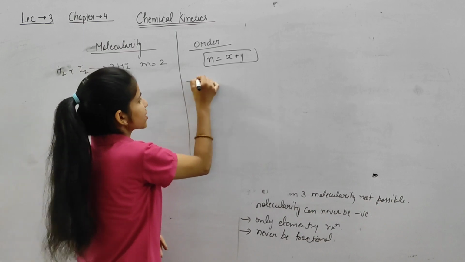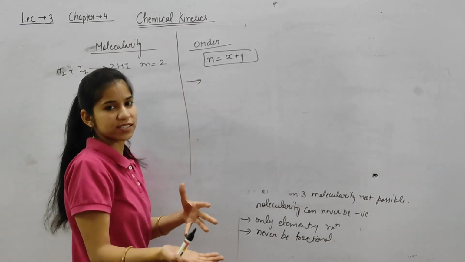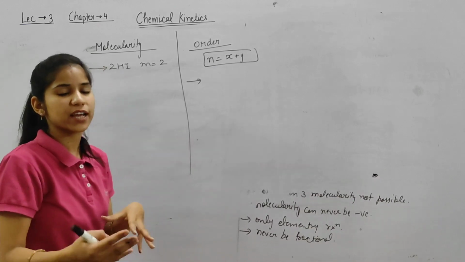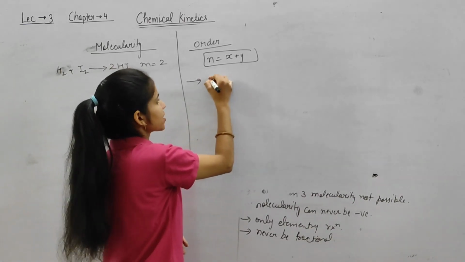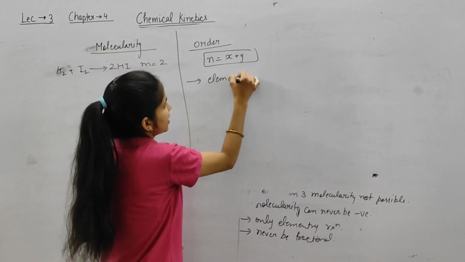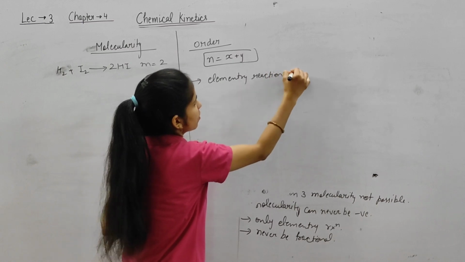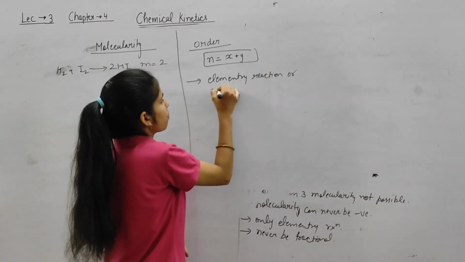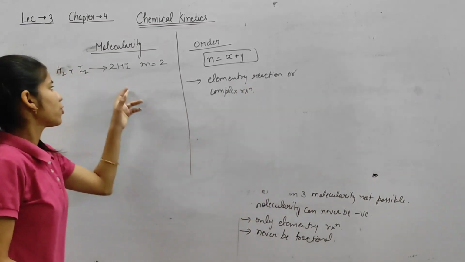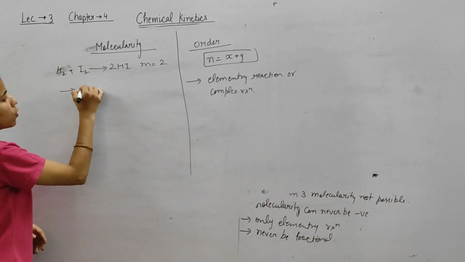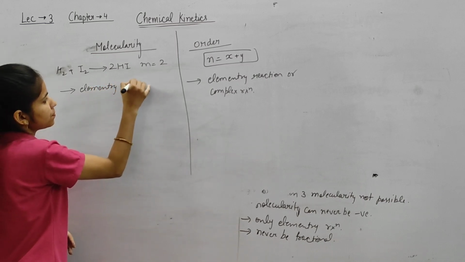For order of reaction, we can also take a complex reaction, or we can take a rate determining step reaction, or we can also take an elementary reaction. But for molecularity we are taking only elementary reaction.